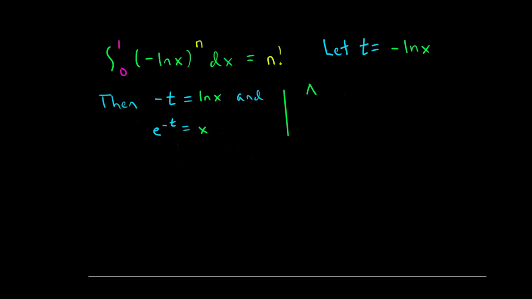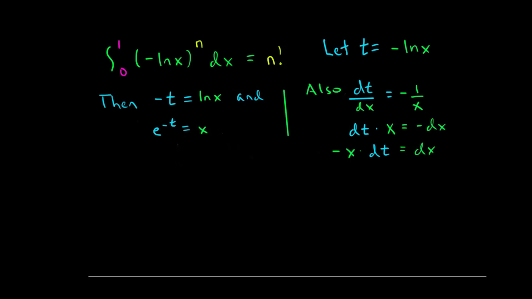And we'll make a few other remarks here that will be useful. From that substitution, it becomes clear that dt/dx equals negative 1 over x. Therefore, dt times x equals negative dx. Or we can say negative x dt equals dx.